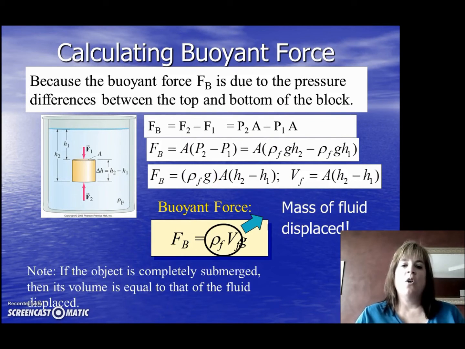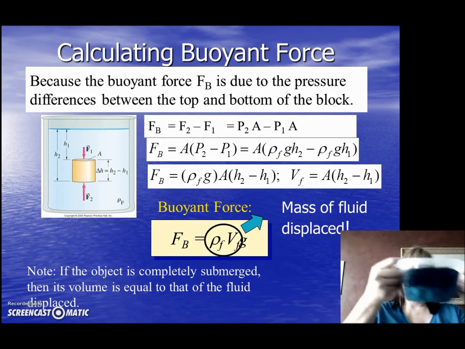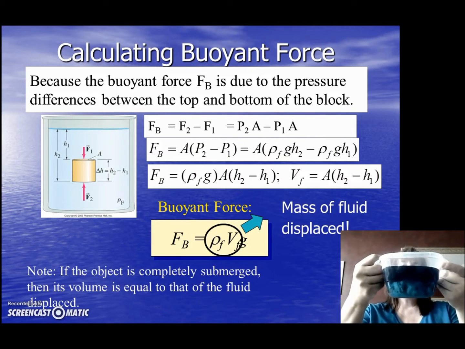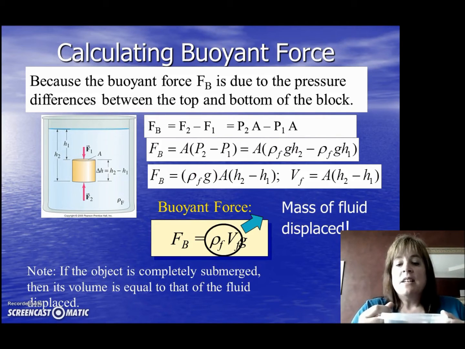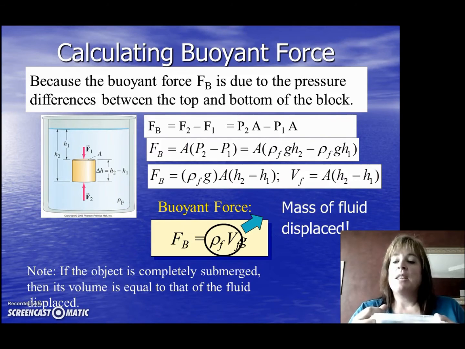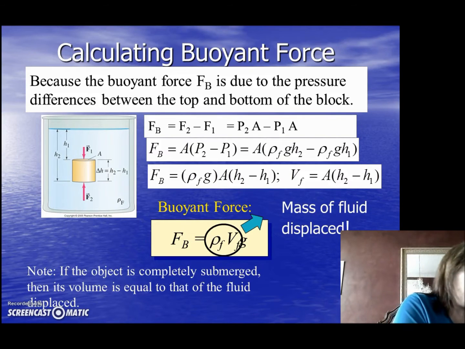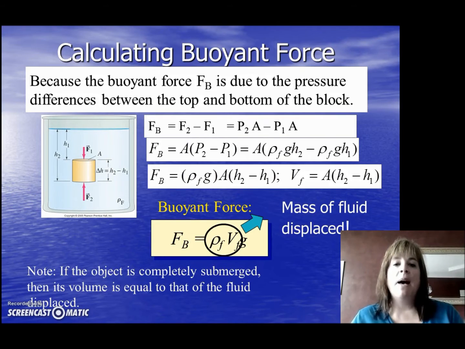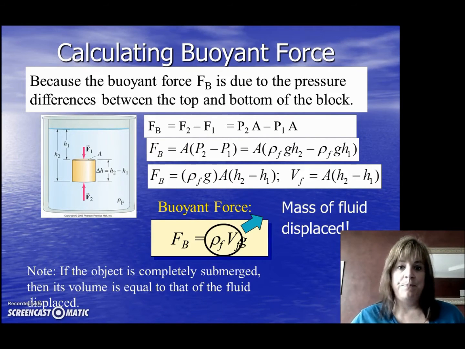One important note is that when an object is completely submerged, just like with my block of granite here, then the volume of the fluid that is displaced is equal to the volume of the object. So that's when we would use the volume of the object in our calculation. But remember, it's all about the fluid.